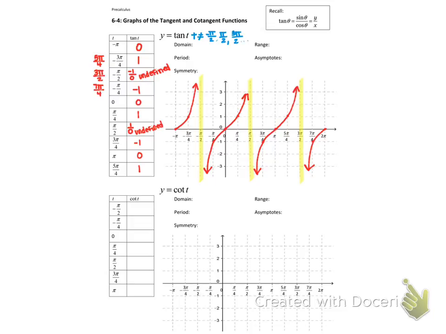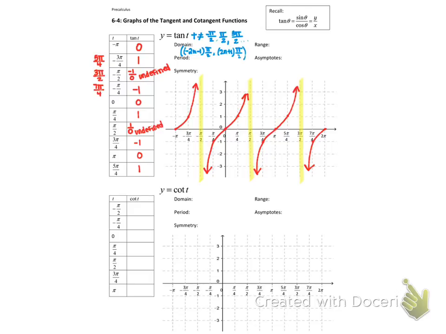What that means is for every interval of pi over 2, we have an asymptote. So this is the formal definition if we didn't restrict the domain. It's pretty much saying from negative pi over 2 to pi over 2, and then from that value to the next pi over 2 interval, which would be 3 pi over 2.